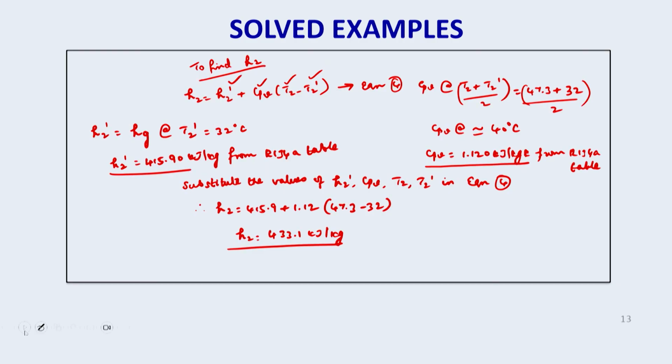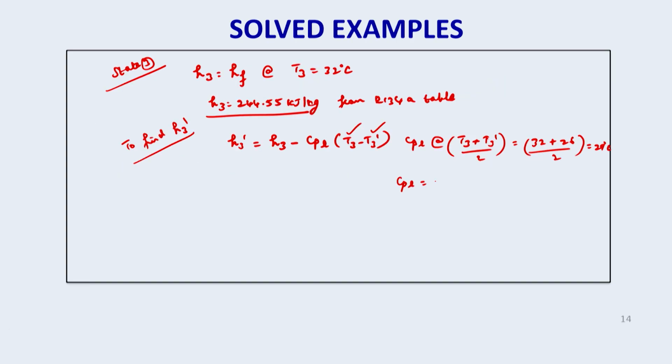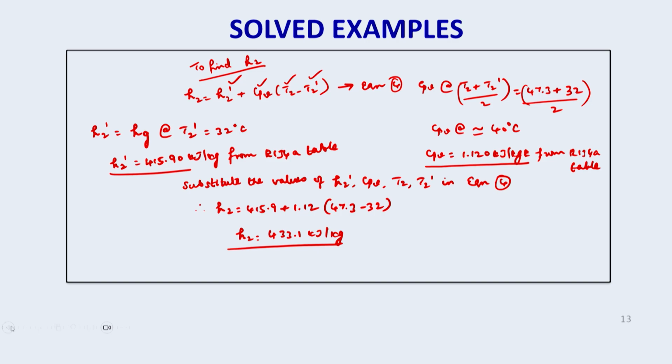The average value will be 1.4142 at 29 degrees centigrade from R134A table. Let us take this as equation number 5. I think the previous equation is equation number 4.